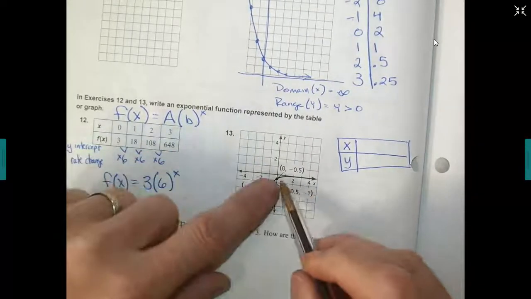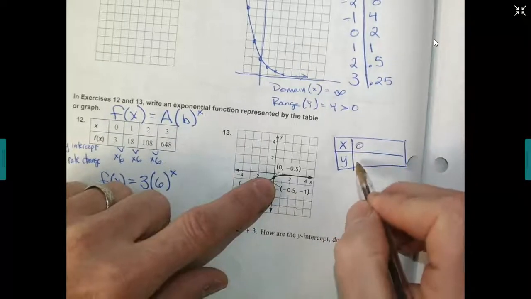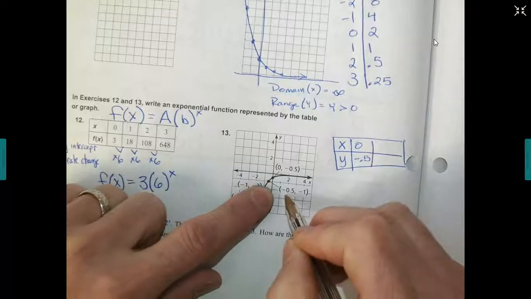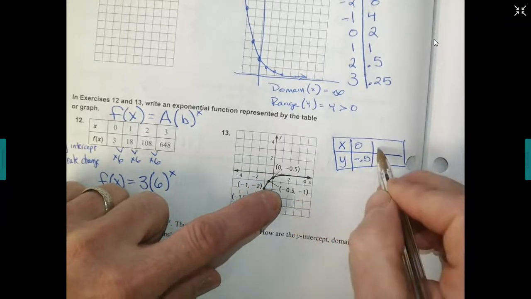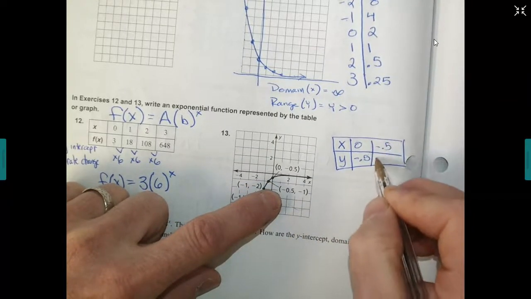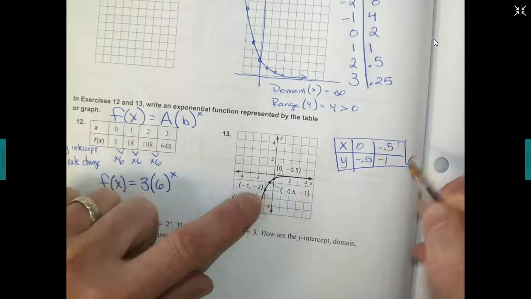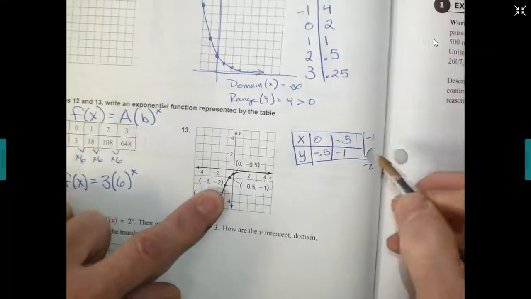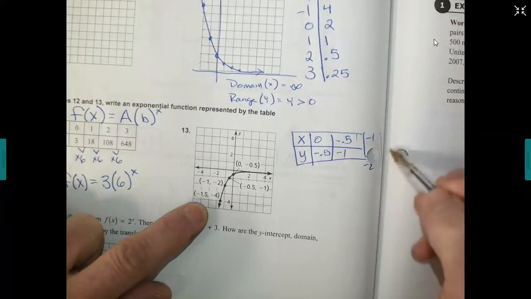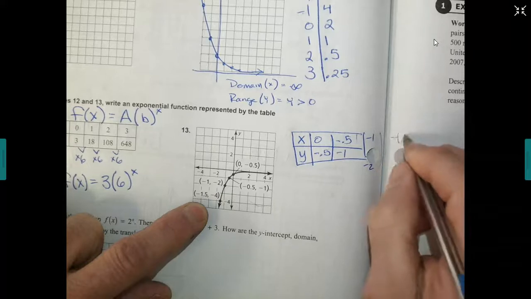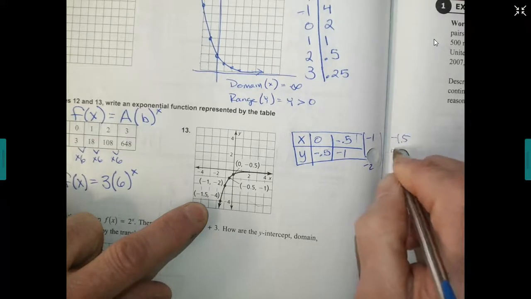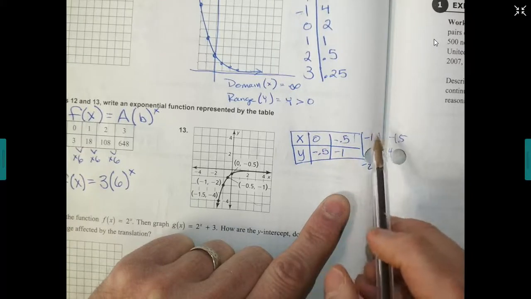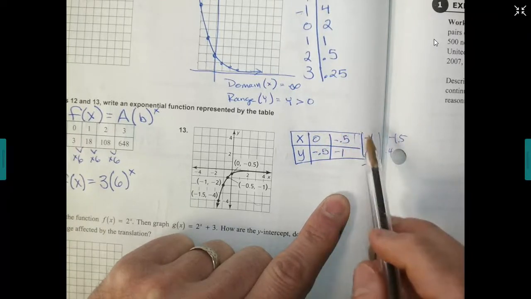So start here, put 0, negative 0.5, then put negative 0.5, negative 1, and negative 1, negative 2. Then you're going to put negative 1.5, negative 4. Your change in x is consistent, minus 0.5, minus 0.5, minus 0.5.